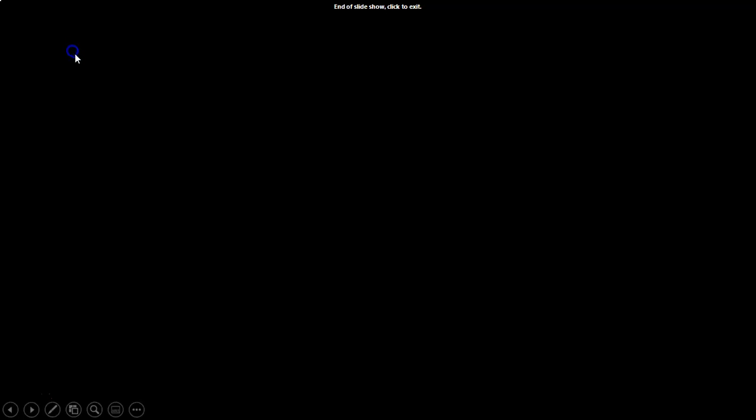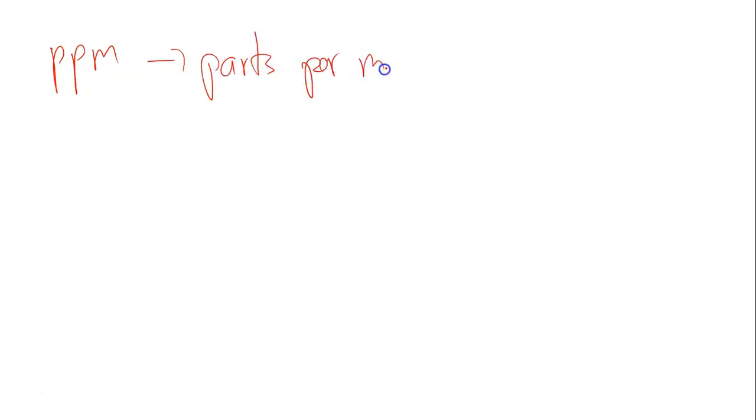Okay, so this is just a super quick tutorial on the concept of ppm, or parts per million. So ppm means parts per million. And so the idea there is that if you took something, could be anything, and you divided it up into a million roughly equal parts, this just tells you how many of those parts would be made up of something specific.